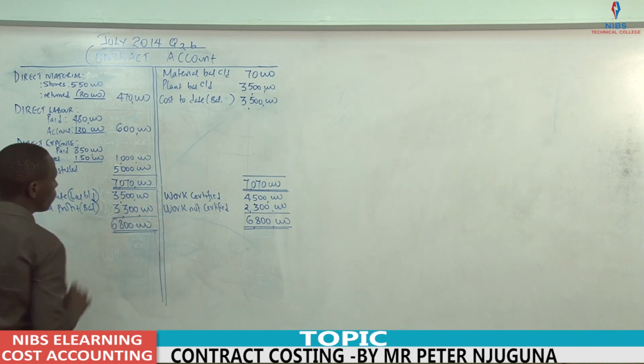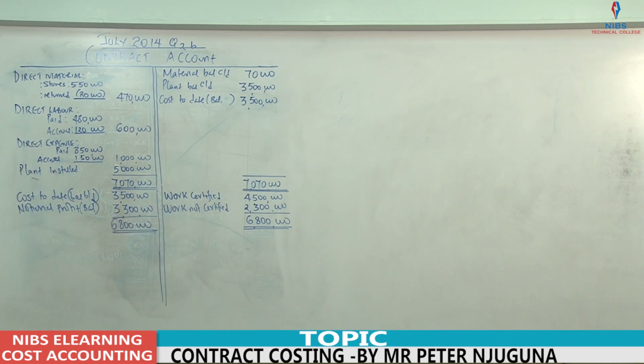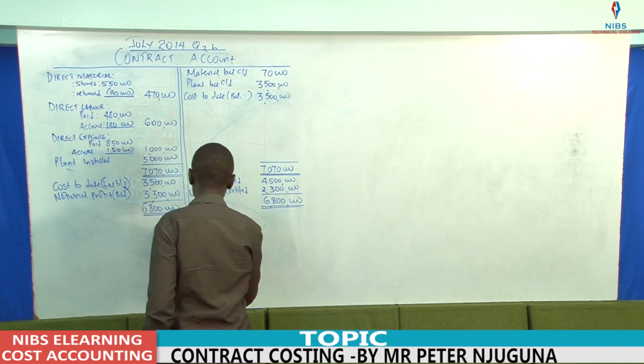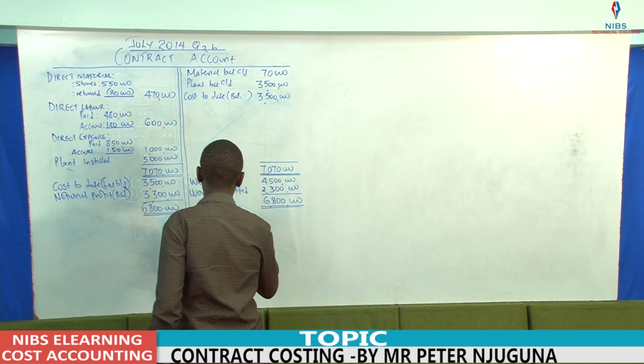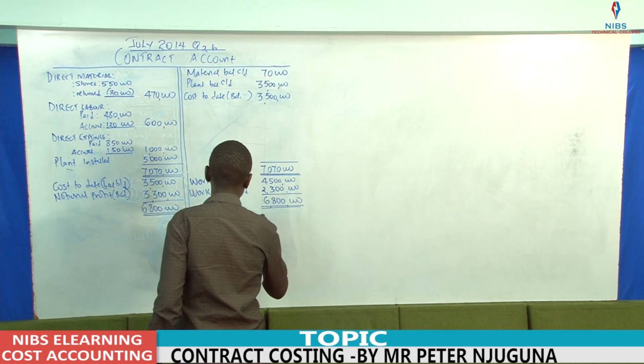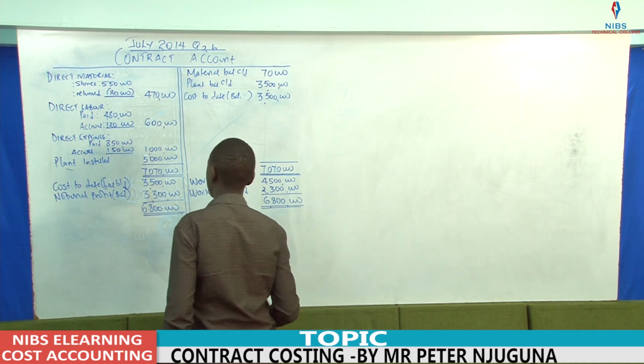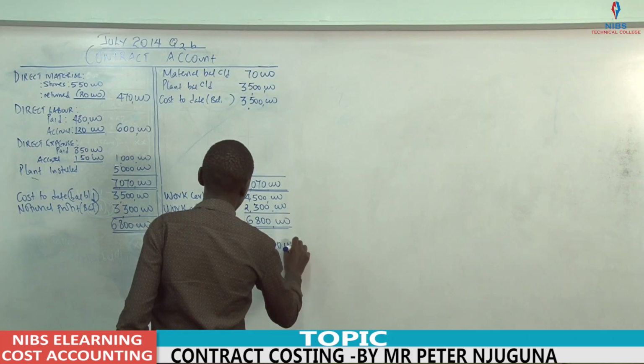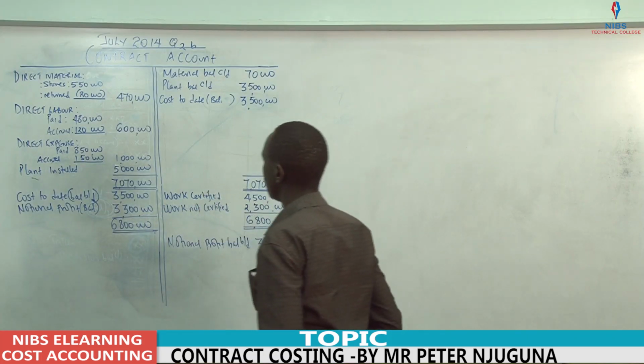I told you again, once you get the notional profit, take it on the opposite side. So notional profit, balance brought down, is 3.3 million.